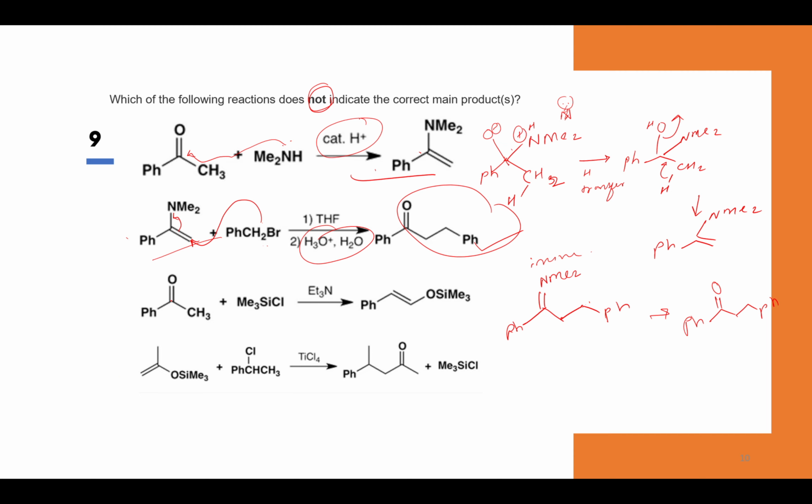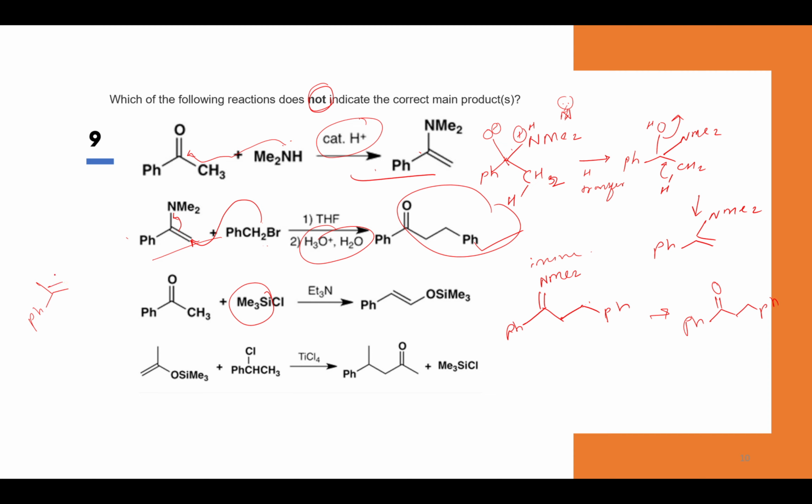Now let's talk about the third option. All of you know that silyl always binds with oxygen. Oxygen will attack on silyl trimethyl because it is a hard nucleophile, hard electrophile attack. So in this case, enolate formation will take place first.